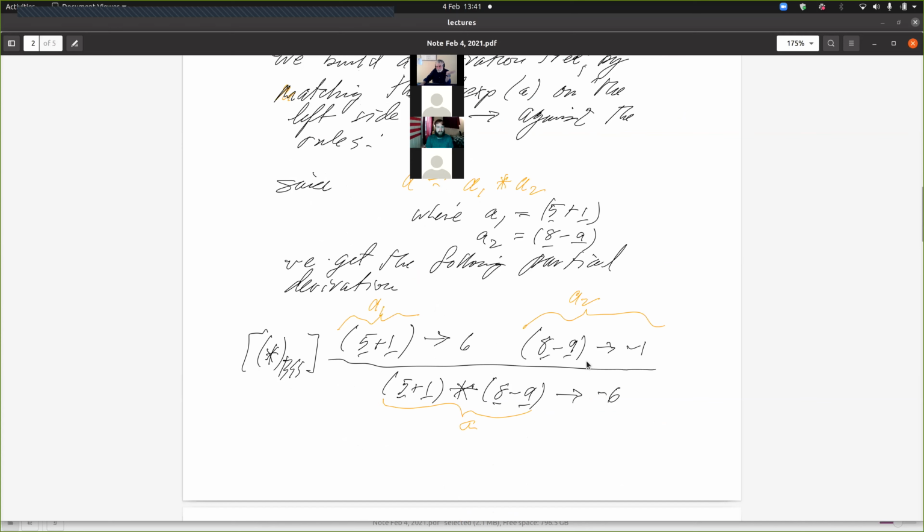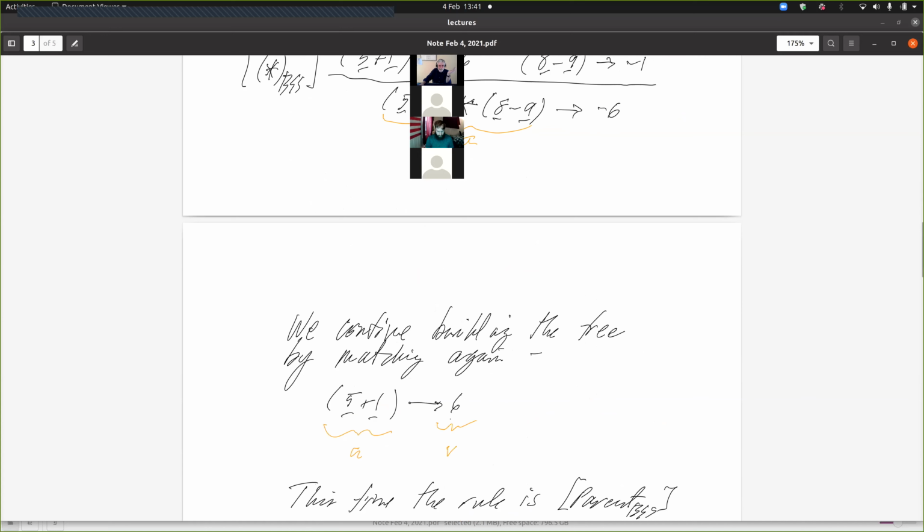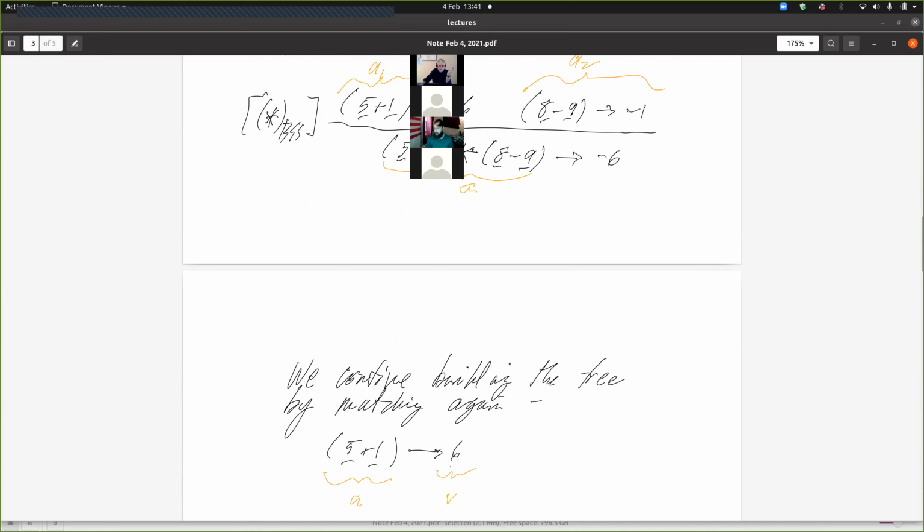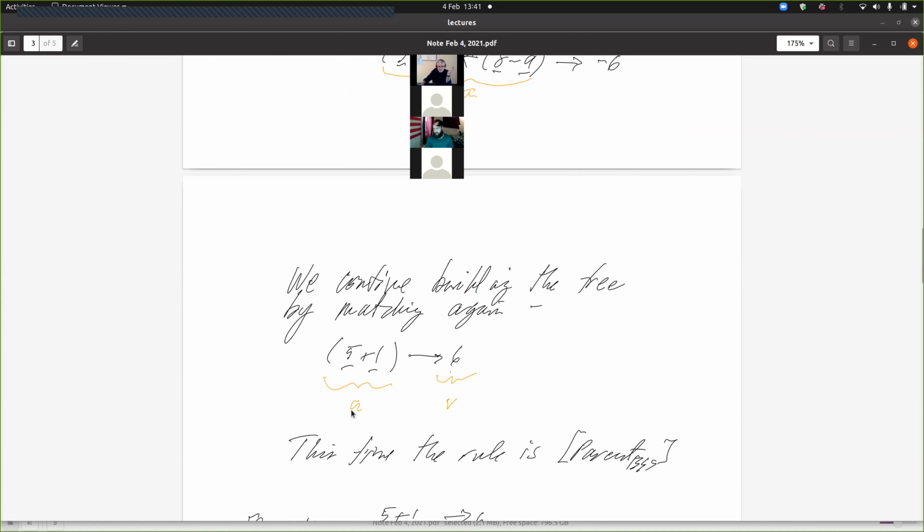So anyway, here's the first part of a derivation, but it's not complete because we need to get down to the leaves. Look at this part of the derivation. We need to complete that. Now A is left paren, numeral 5 plus numeral 1 right paren.